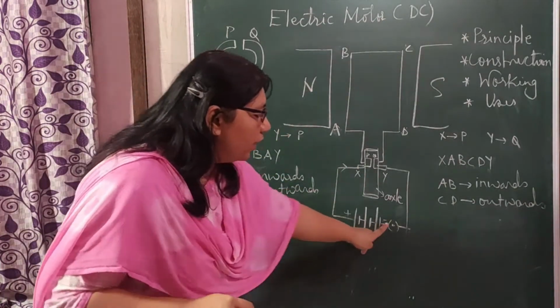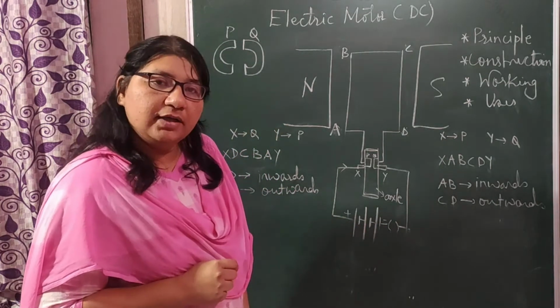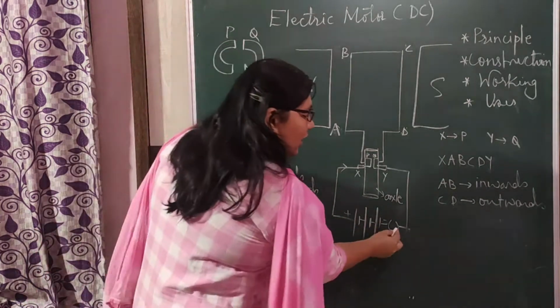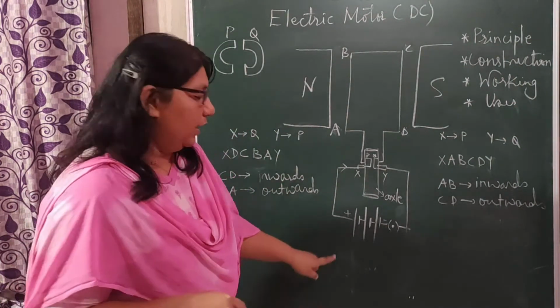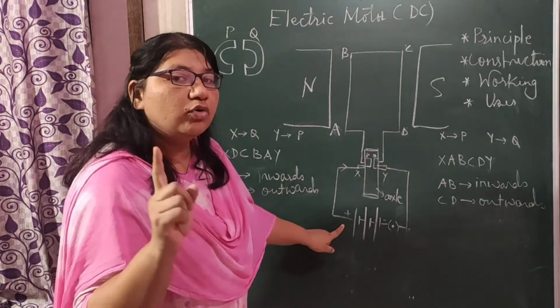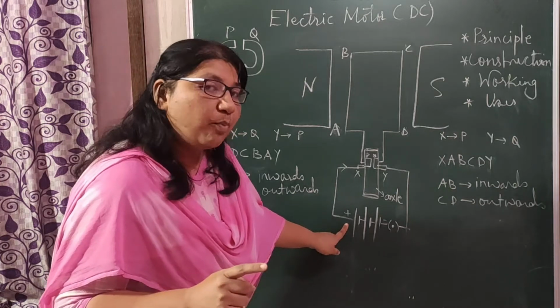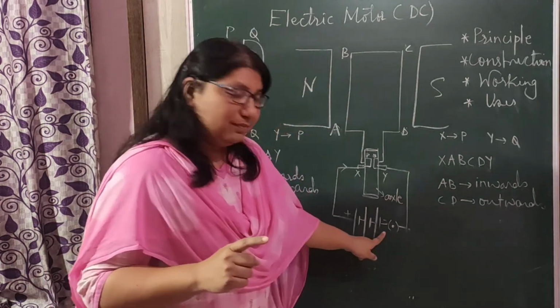Now, first of all, setup हो गया. Now the key is on. Key is on, the current starts flowing. When it starts flowing, you know the direction. It always flows from positive end to negative end.